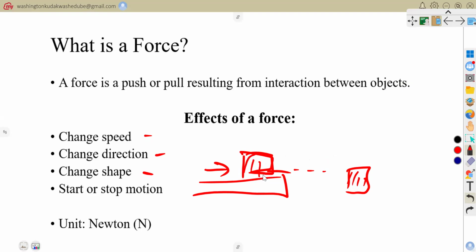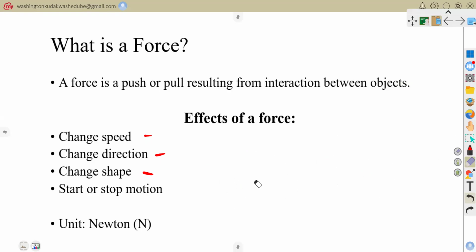What causes this object to stop is what we are referring to as what? As a force. It's a type of force. So that is also an effect of a what? Of a force. So already we have defined 4 effects of a force.